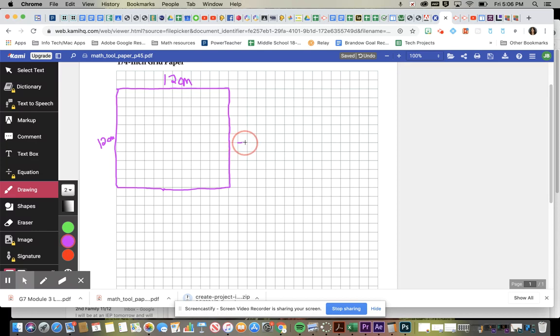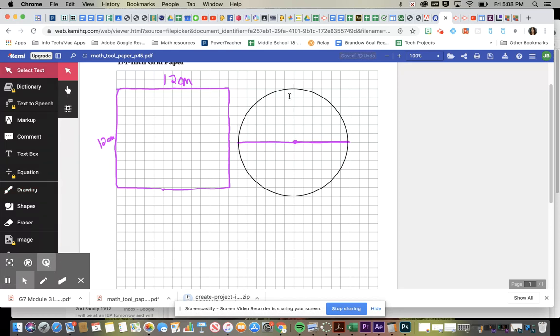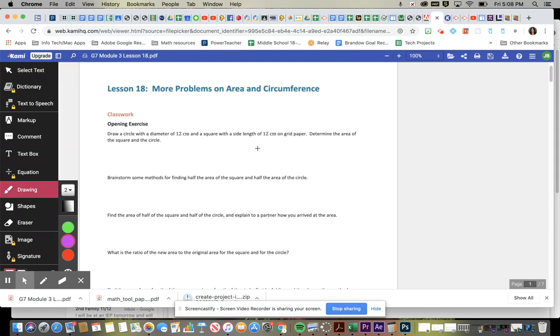So here, 1, 2, 3, 4, 5, 6, 7, 8, 9, 10, 11, 12, and there's the center, so this would be my radius of the circle, and if the diameter is 12, the radius is 6, and then I drew my circle there so I could see that it is 12 across for the diameter and 6 for the radius.